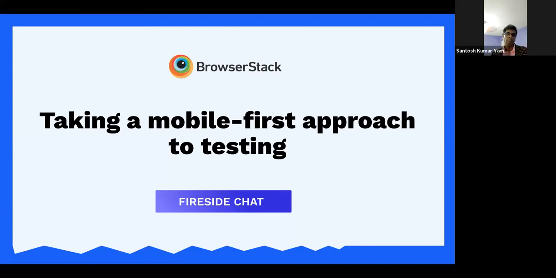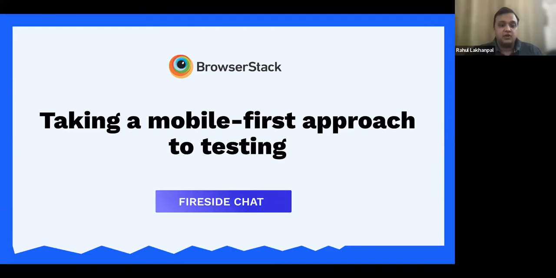In fact, 75% of all internet traffic today is on mobile. So regardless of your industry or the region that you're in, it's very likely that the majority of your end customers are going to be on mobile devices. So for us as QA leaders and QA practitioners, it becomes very, very important to address this issue head on. And that is exactly what we plan to address in today's fireside chat.